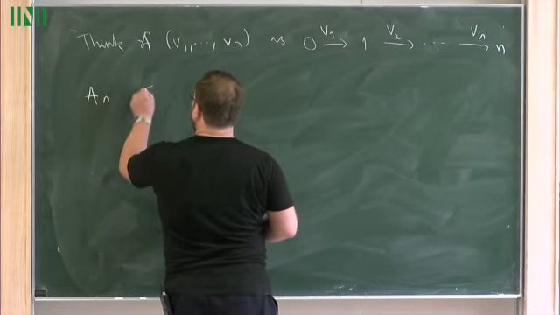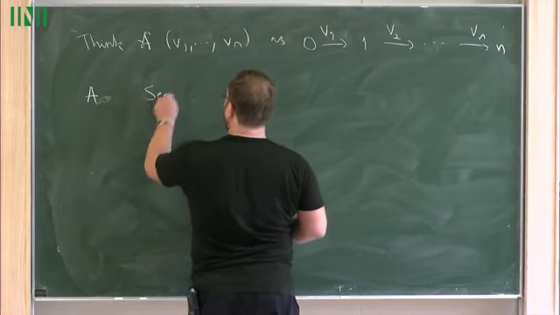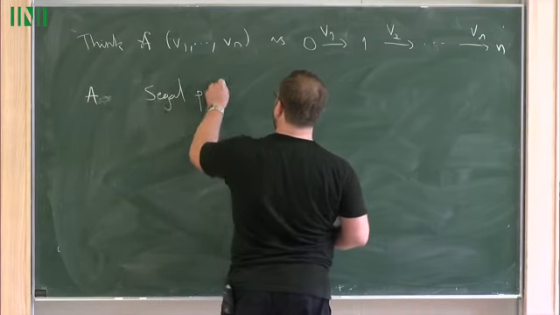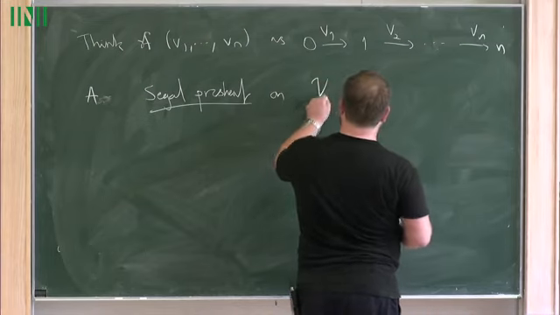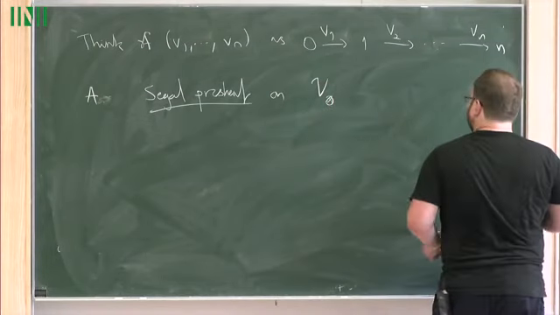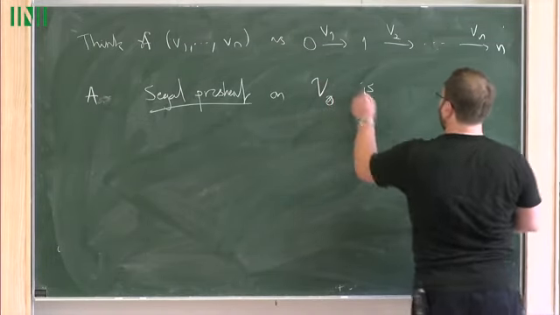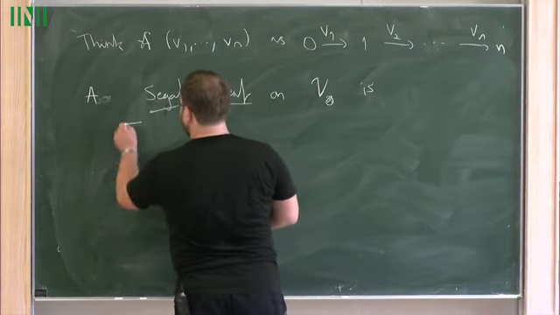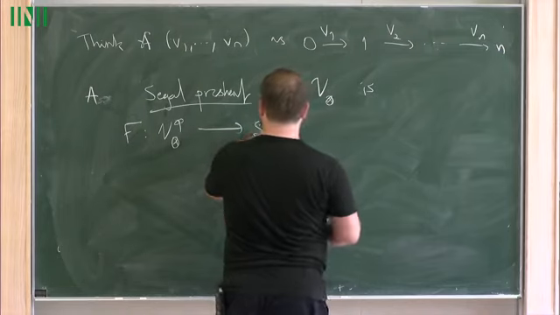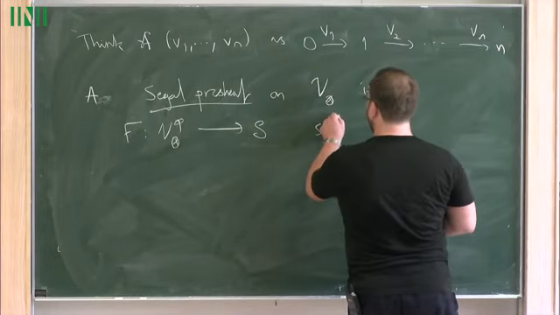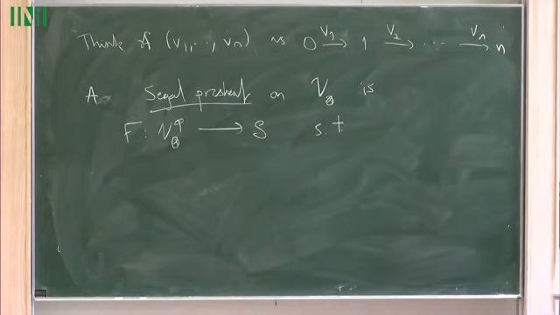And so we can define a notion of a Segal presheaf on this category V lower tensor to be a presheaf, say F, from V lower tensor op into spaces, such that it satisfies a lifted version of the usual Segal condition.